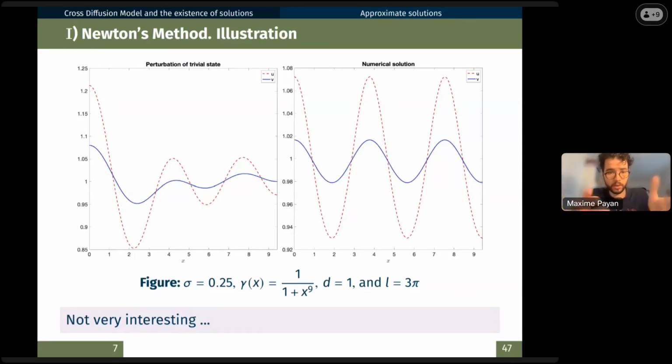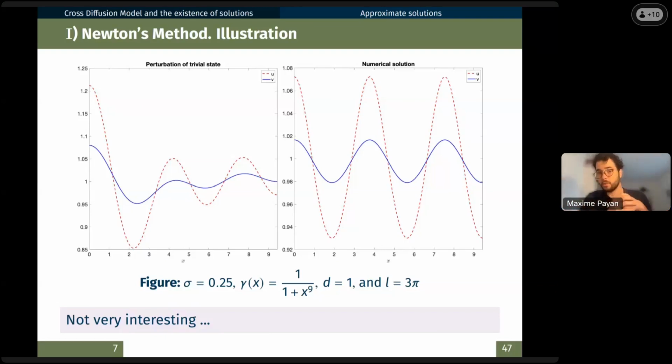I call it a perturbation of the trivial state. So I just put some coefficients on the first coefficients of the sequence. It's the representation with the sum of cosines, and on the right is the last iteration, and you see it's just kind of a cosine, so it's not so interesting.